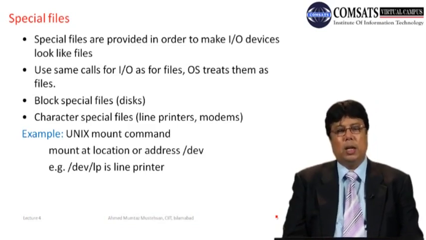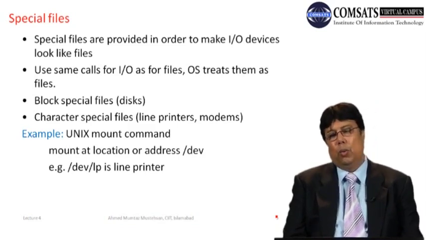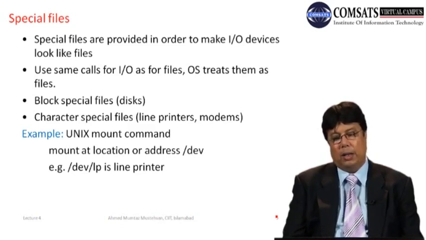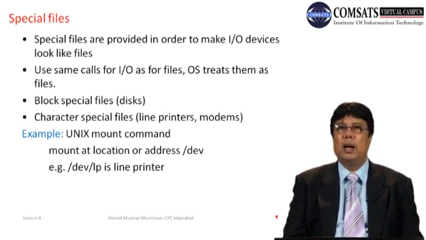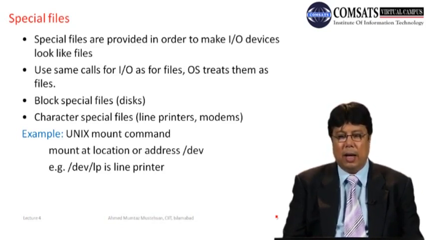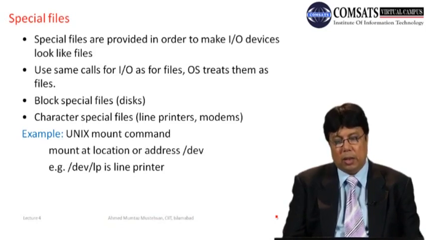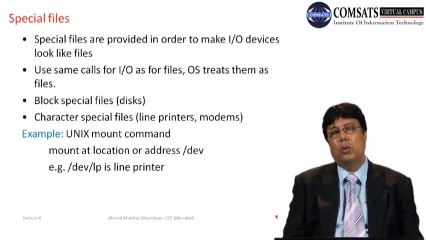Then there are two categories. You might have block files and you might have character files. So if you want to access some random access devices like disk, like RAM, you can call them block access devices. Or if you want to deal with the printer, the modem cards, or the sound card, then you call it character special devices.